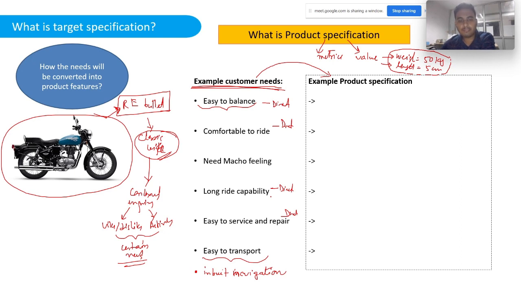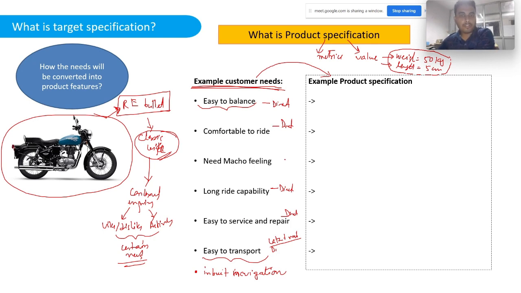Easy to transport will definitely be a latent need, because we won't care about how a bike will be transported. Long ride capability and comfortable to ride must be direct needs.